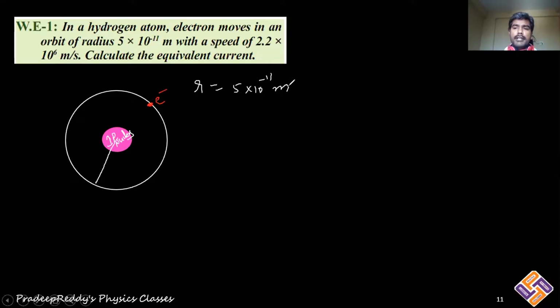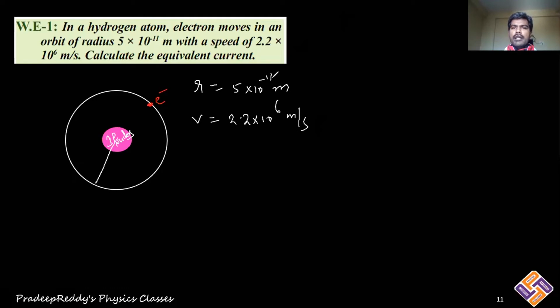So this is approximate order. Radius of Bohr's orbit is nearly 10 power minus 10, that you need to remember. The speed is of order 10 power 6 to 10 power 7 generally for electrons in whatever orbit it may be, and that speed is given as 2.2 into 10 power 6 meter per second. That is the velocity with which the electron is revolving.